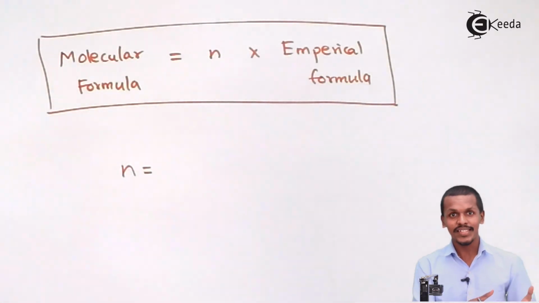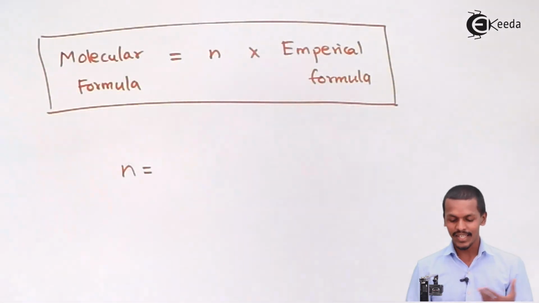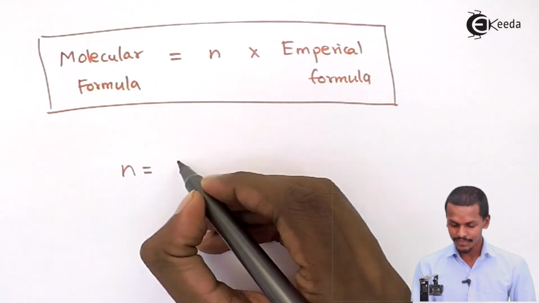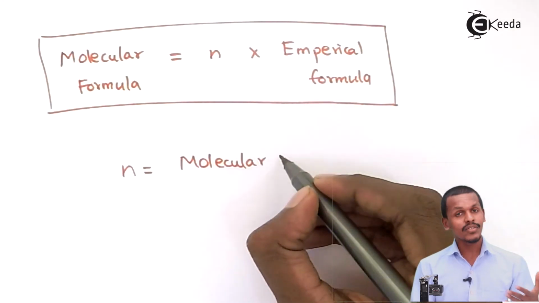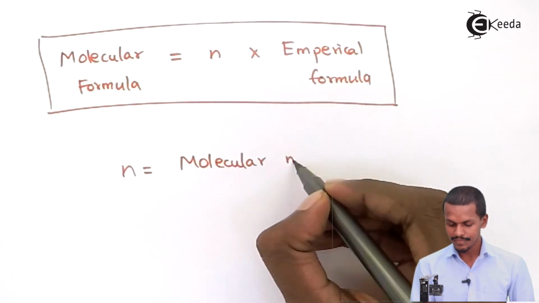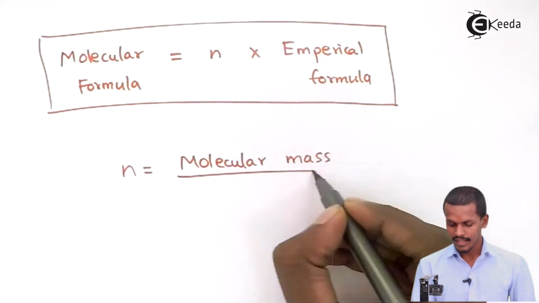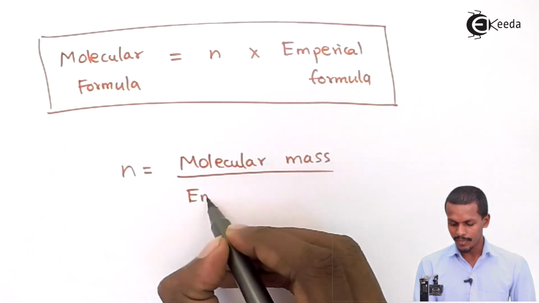This we have also discussed in this lecture and in the previous chapter, some basic concepts of chemistry. So I could write this as molecular formula mass, or molecular mass, divided by empirical formula mass.